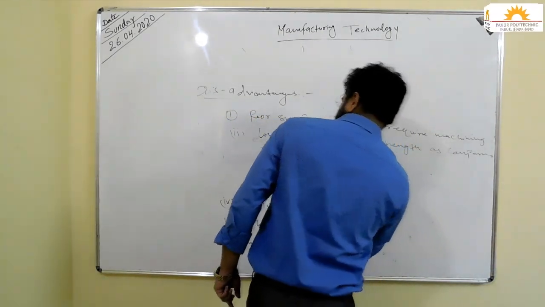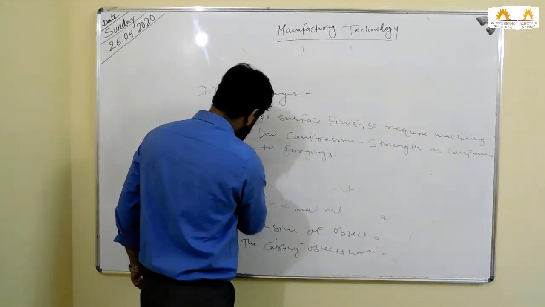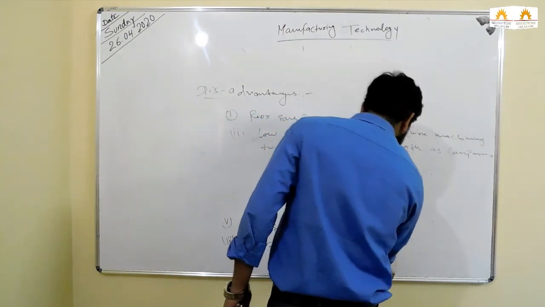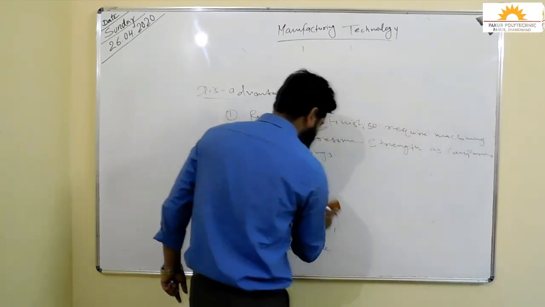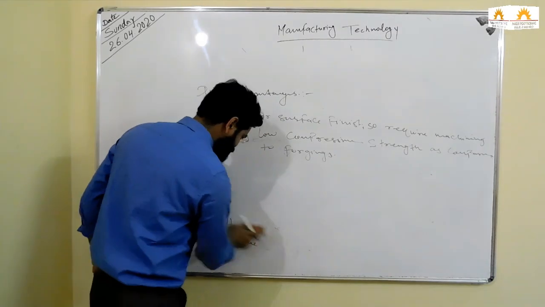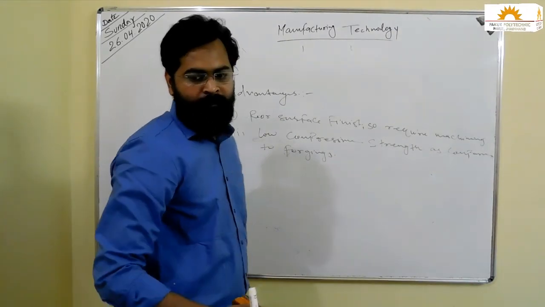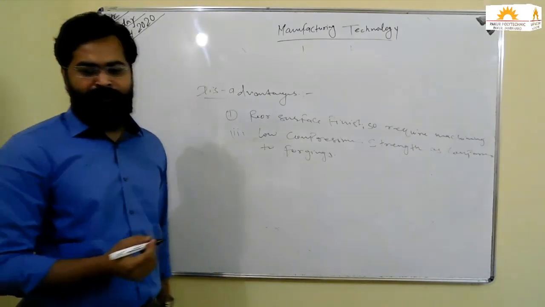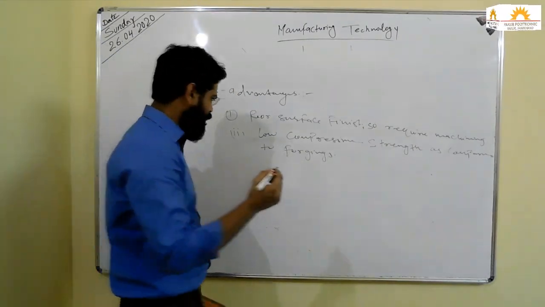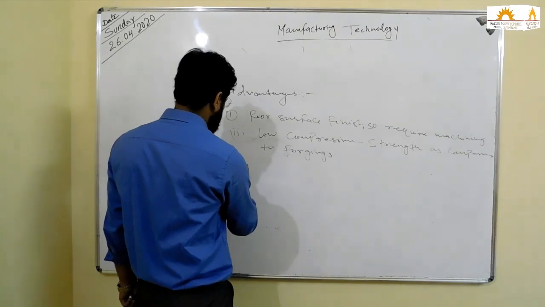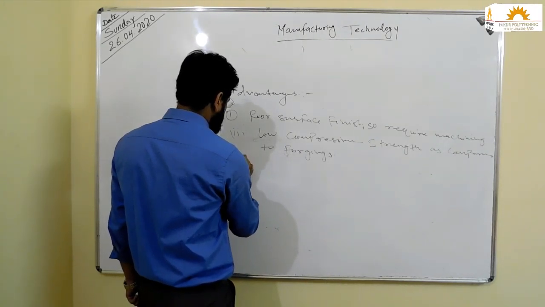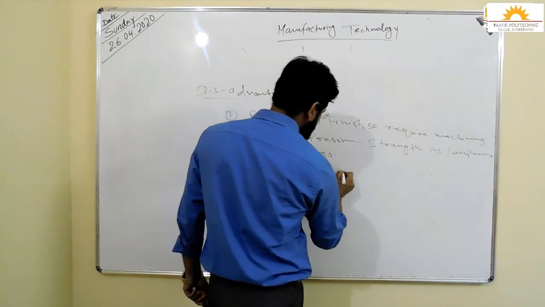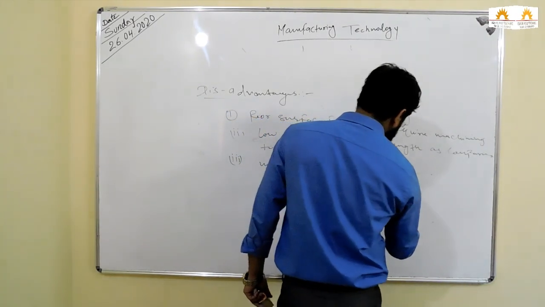The product shaped by casting has lower strength as compared to forging. Third, it is not economical for mass production.